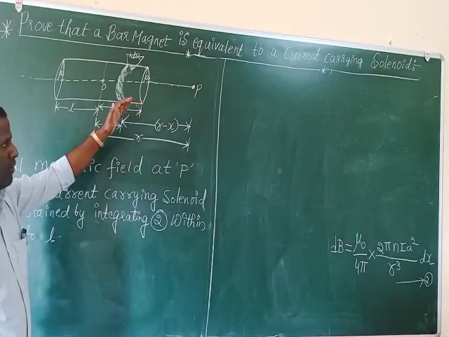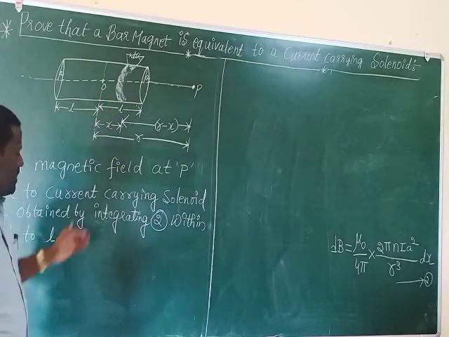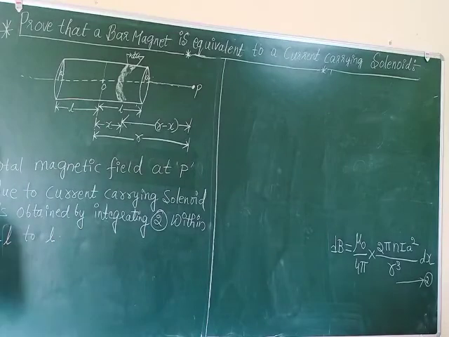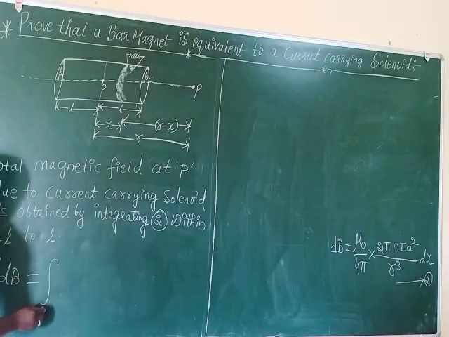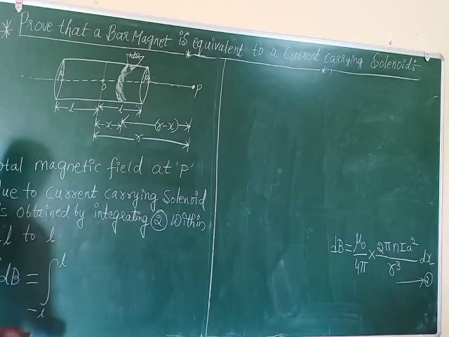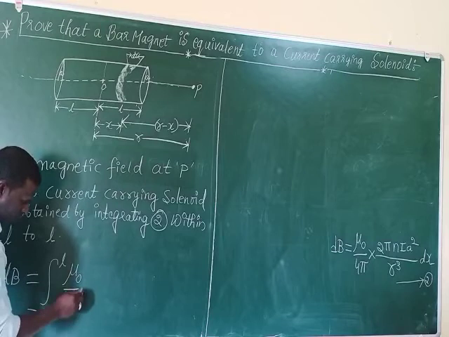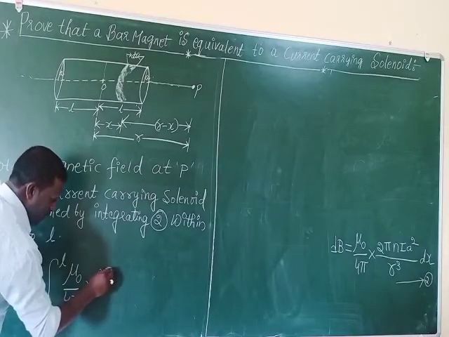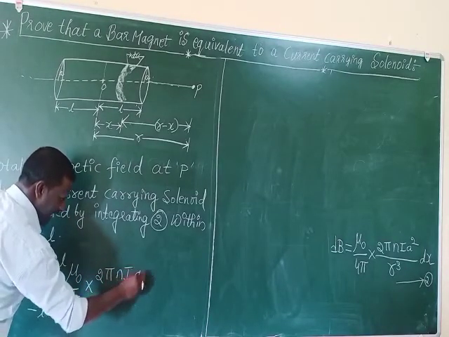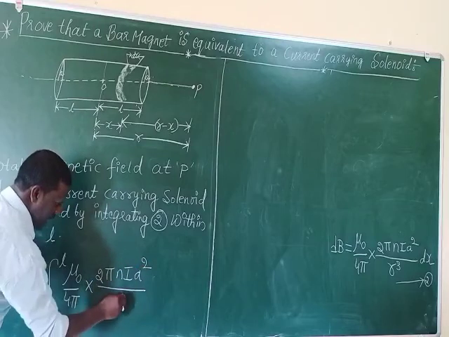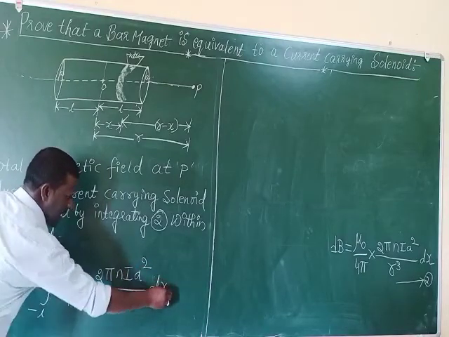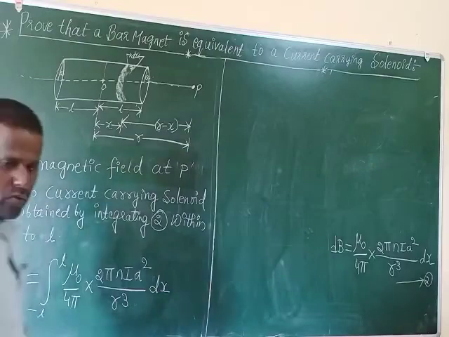So integration of dB is the integration from -l to +l of mu naught by 4 pi into 2 pi n I a square divided by r cube into dx.